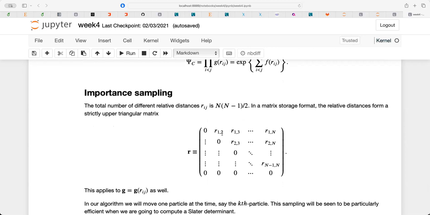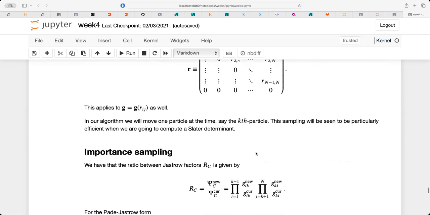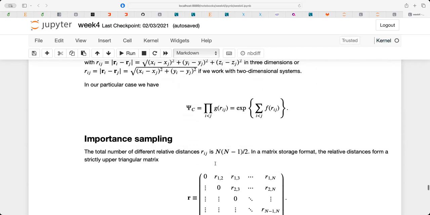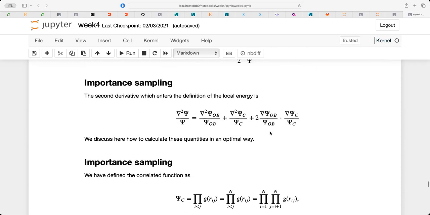And that means that only one of these rows or columns will change. So when you're calculating, it can be convenient to set up the interparticle distance like that. And then the difficult part, which you will see, is going to be this term here. And the one which we have to think of as well is the products of these two gradients.